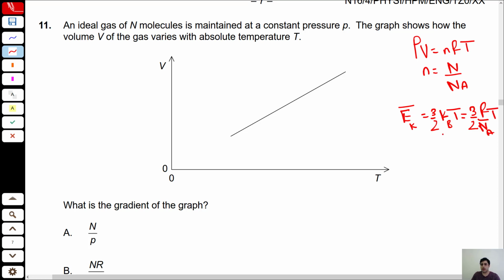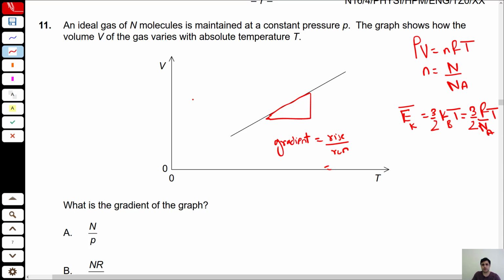So what do we need to find? We need to find the gradient of the graph. How do you find the gradient of a graph? Well, you always draw this triangle, and then you say the gradient is equal to rise over run.